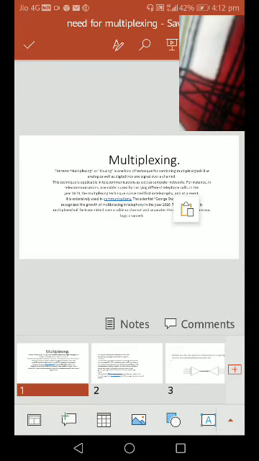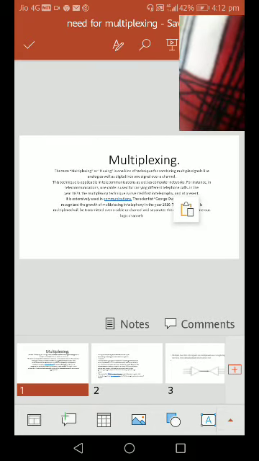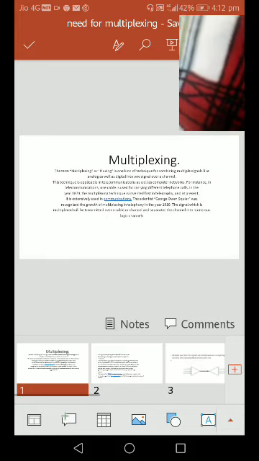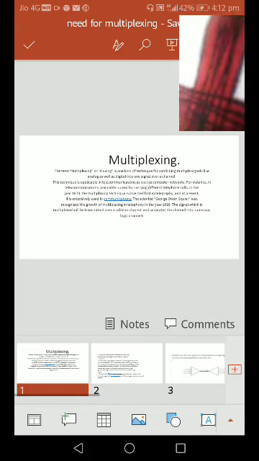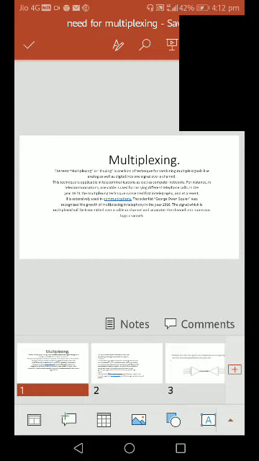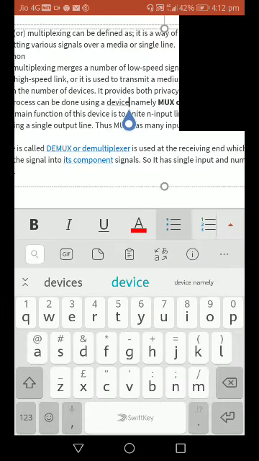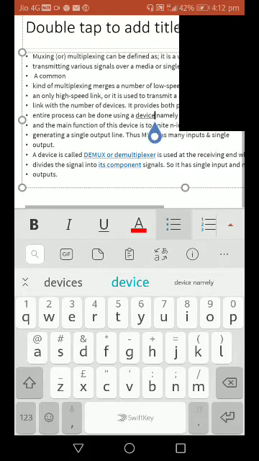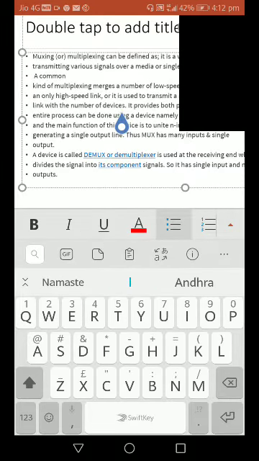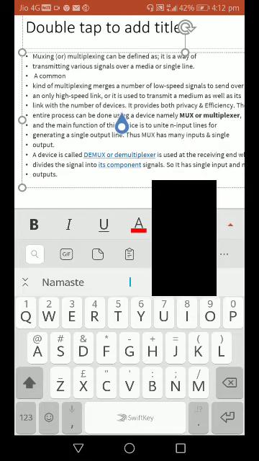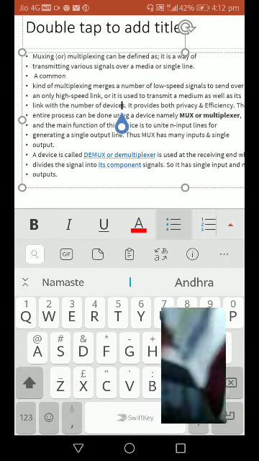Multi means multiple, and the mixing of signals is called multiplexing.